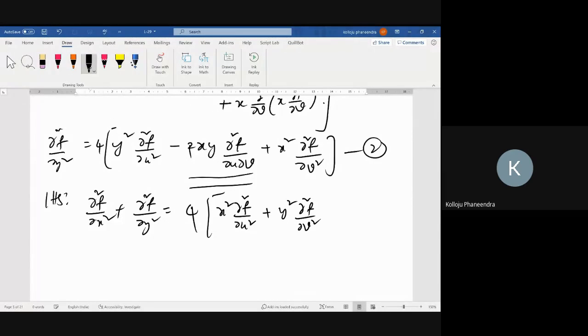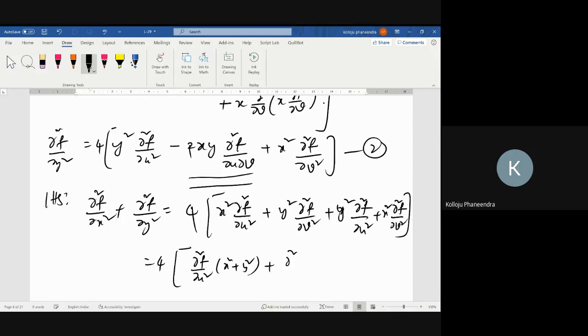And in the second equation, the terms are y² into ∂²f/∂u² plus x² into ∂²f/∂v². Remaining terms get cancelled. So 4 into ∂²f/∂u² is common, x² plus y², and ∂²f/∂v² is common, x² plus y².